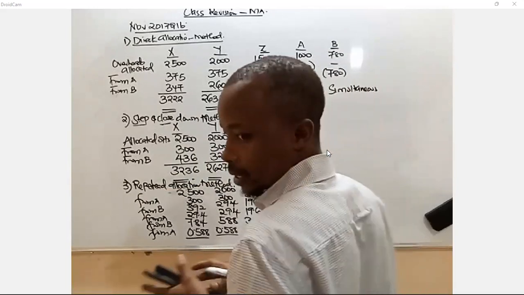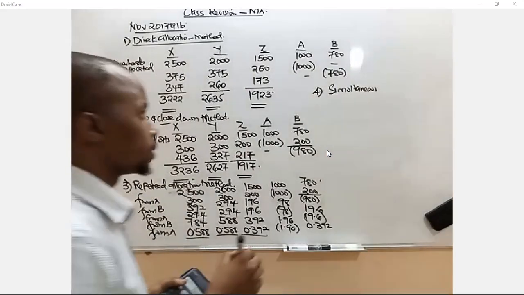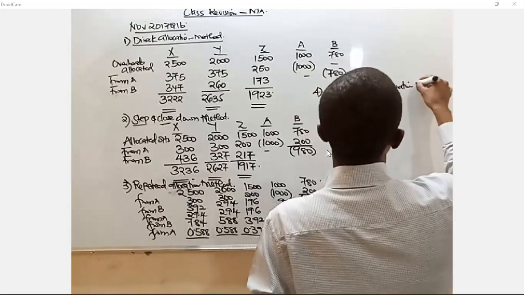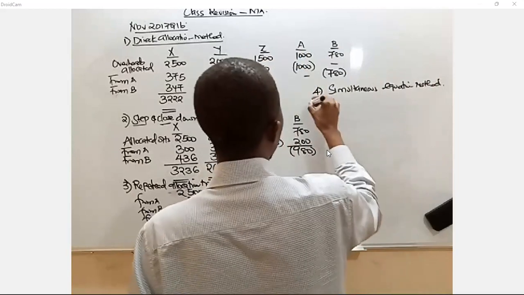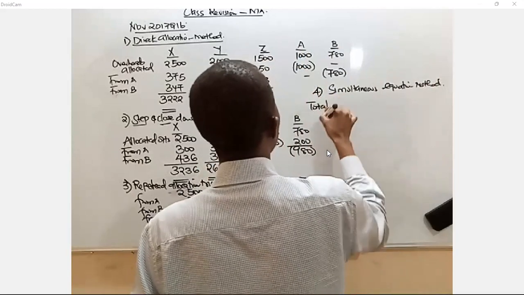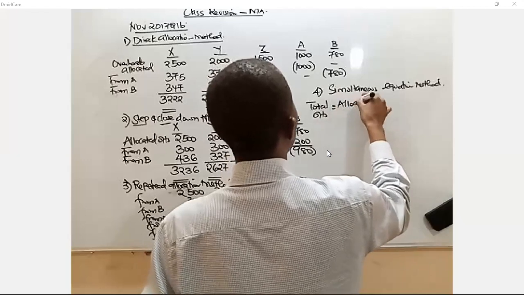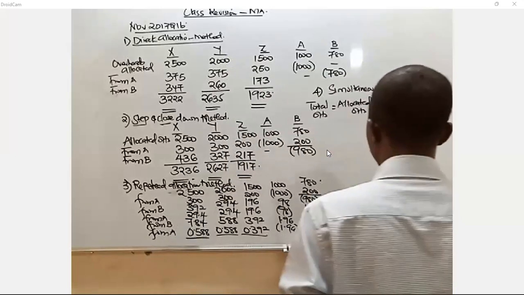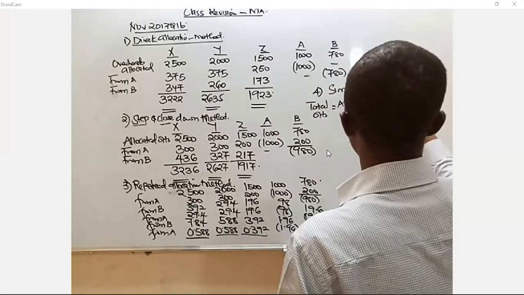Simultaneous methods. So what are the simultaneous equation methods? We normally form an equation. So in this case, to get our total overheads, we normally take the allocated overheads plus apportioned overheads. You have to be forming your equations here first.